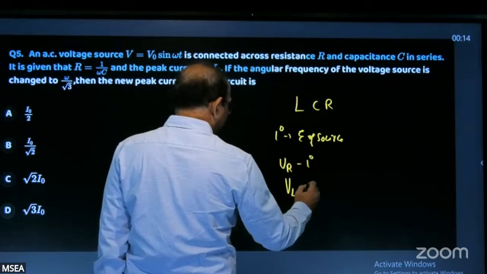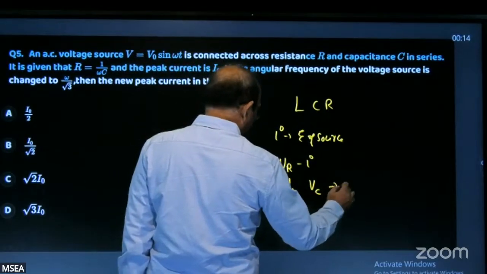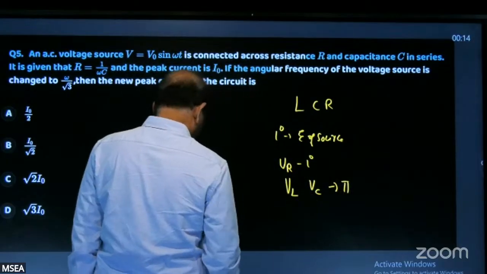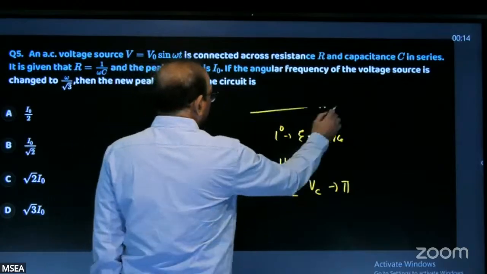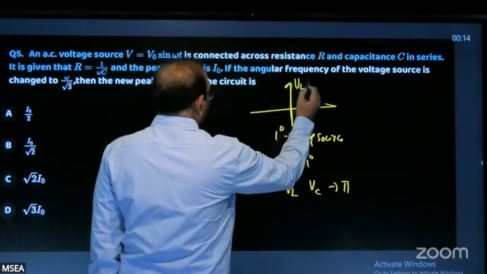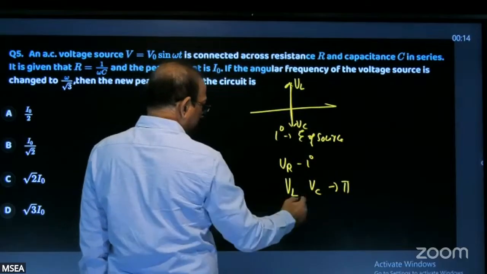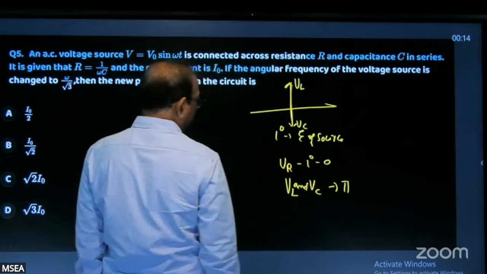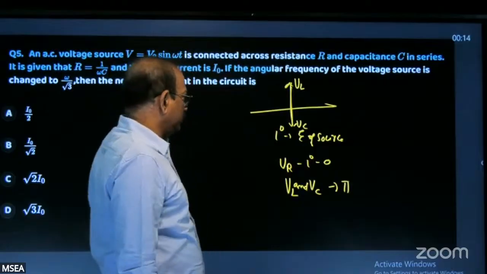Phase difference between VL and VC is different. In these AC circuits, the phase difference between VL and VC is pi. Between VL and VC, the phase difference is pi. VR and I, the phase difference is 0.